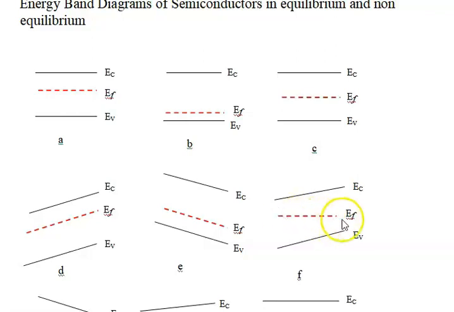Here we're in equilibrium. There is a drift current going from left to right in the positive direction. However, there's also an electron diffusion current, because there are more electrons on the left side than on the right side, and therefore electrons move from left to right, which means the diffusion current moves from right to left, exactly canceling out the drift current, which moves from left to right.